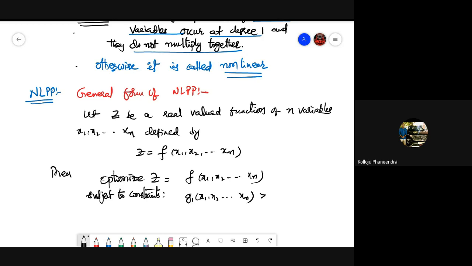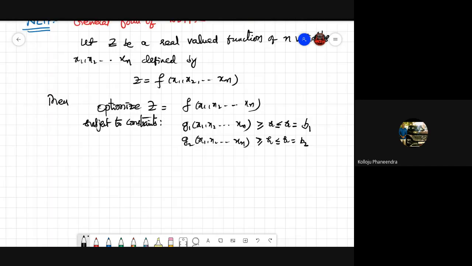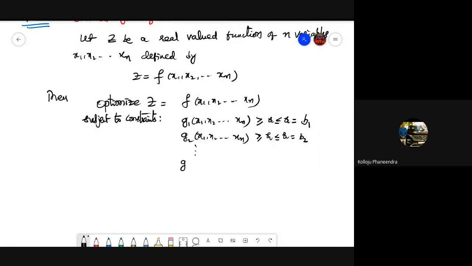The constraint may be greater than or equal to, or less than or equal to, or equal to some right side value b1. Another constraint g2 of x1, x2, xn may be greater than or equal to, or less than or equal to, or equal to b2. And so on. Let me consider m constraints, gm of x1, x2, and so on xn, greater than or equal to, or less than or equal to, or equal to bm.